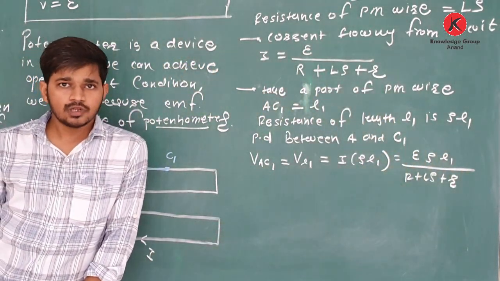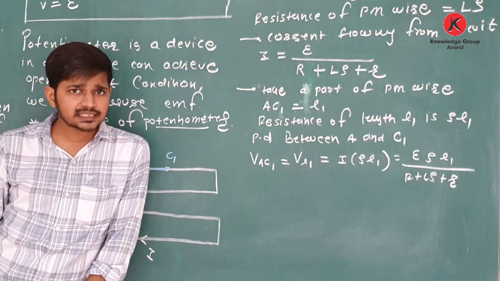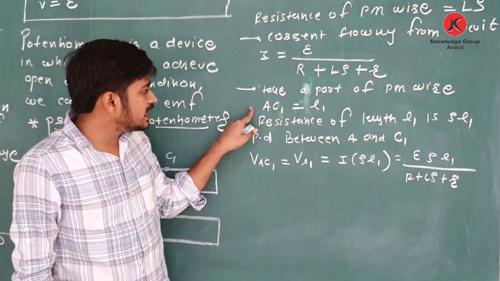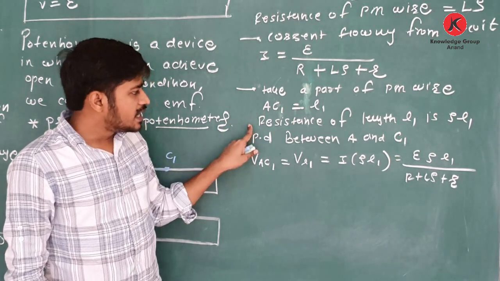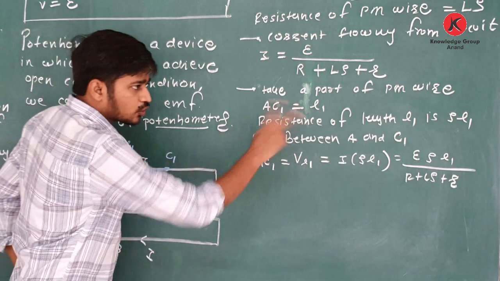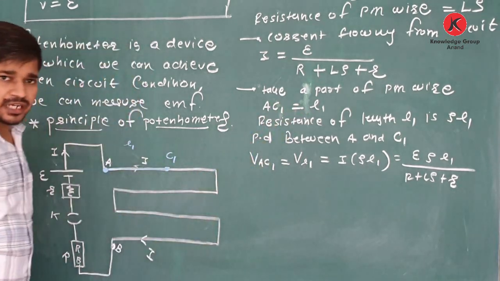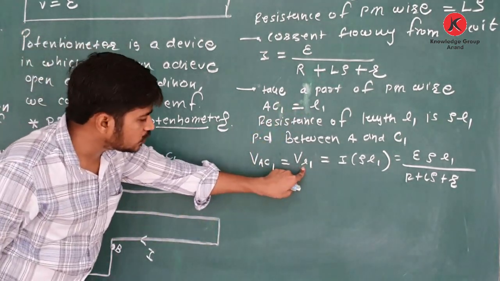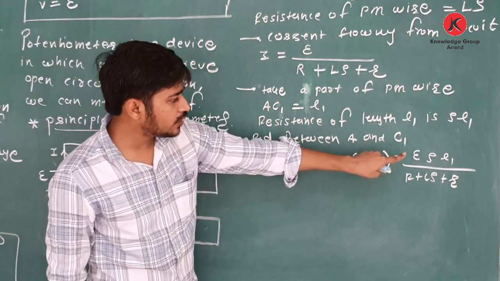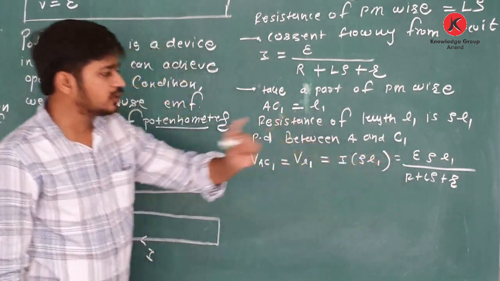So potential difference between A and C1, VAC1 equals VL1 equals I rho L1 equals E rho L1 upon R plus L rho plus r.